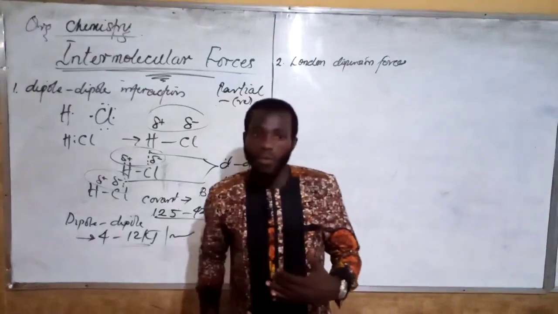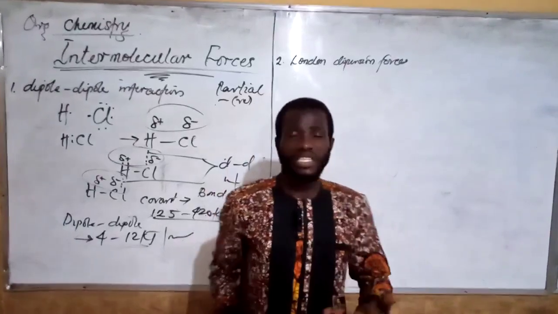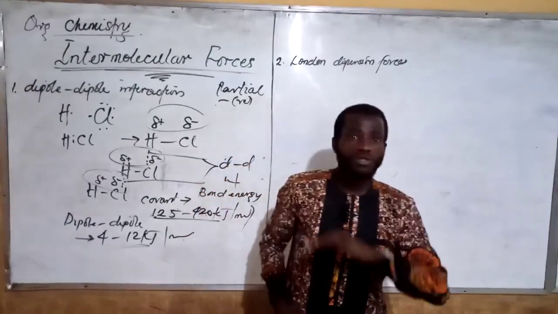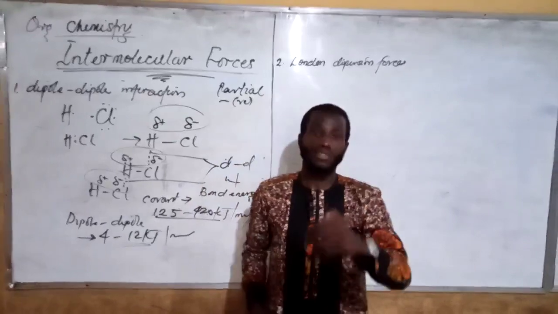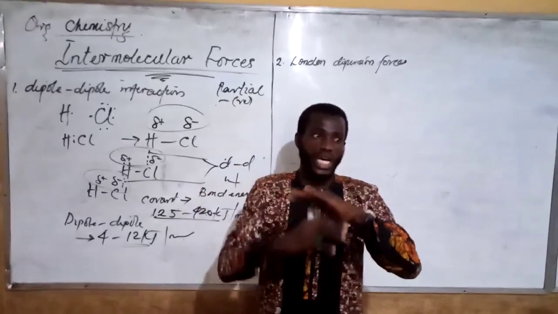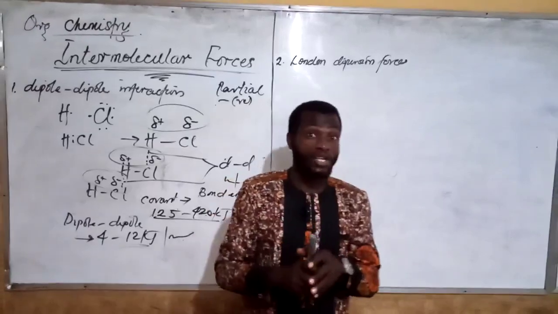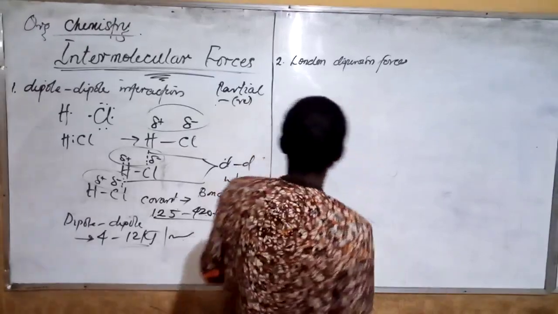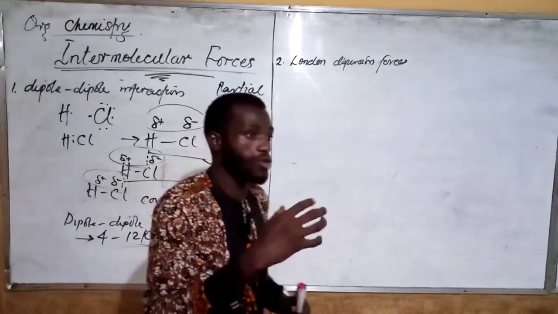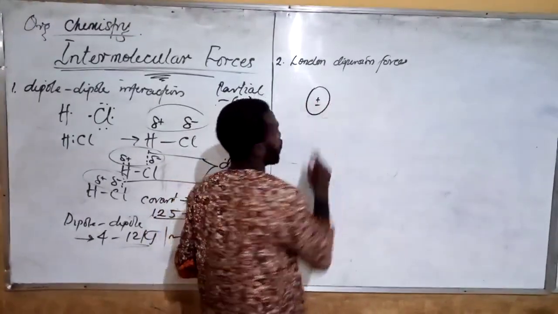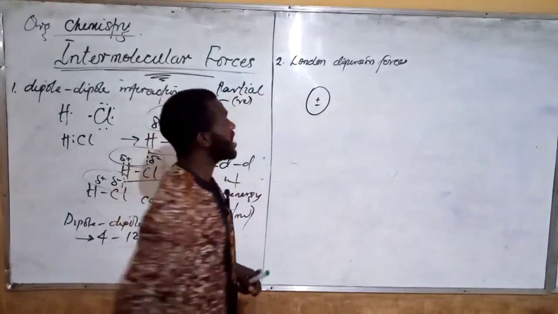Now, when electrons move around an atom, there are certain times that electron distribution is not uniform. So since electrons at certain moments are not uniformly distributed, there's going to be a time where there will be a momentary dipole, a very weak dipole.